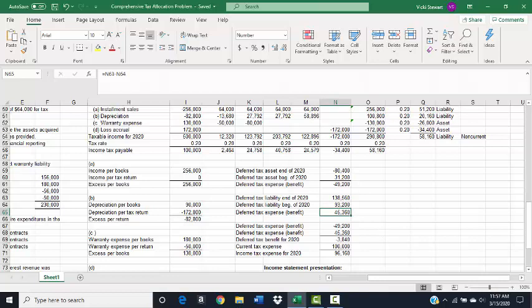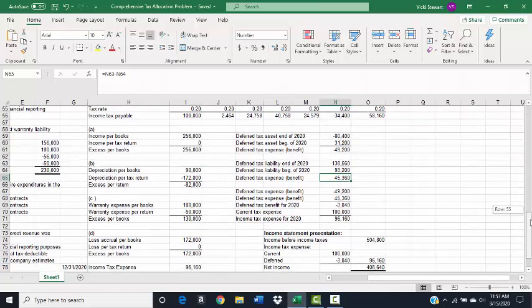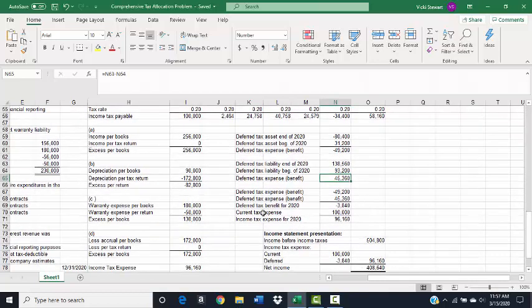So it's interesting because when we net those two amounts, which is what we do to determine the overall deferred tax expense or benefit, this year we actually have a deferred tax benefit of $3,840 when we net the deferred tax benefit from our deferred tax assets and our deferred tax expense from our deferred tax liabilities. We see that we actually had a net deferred tax benefit.